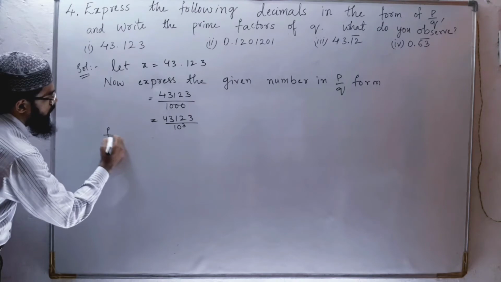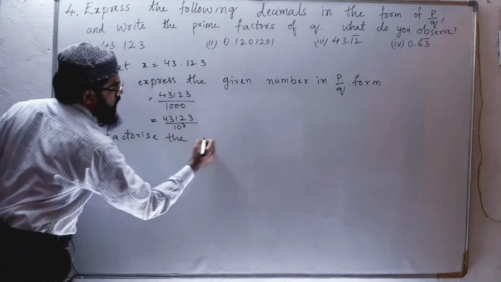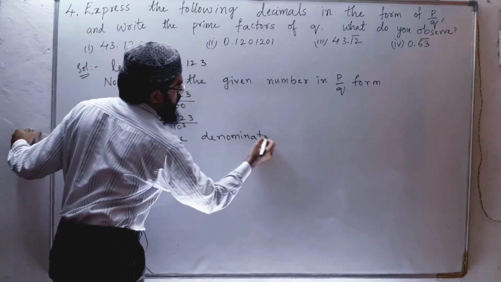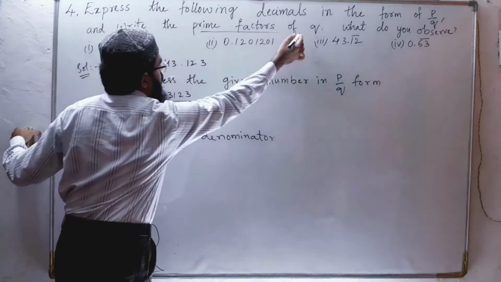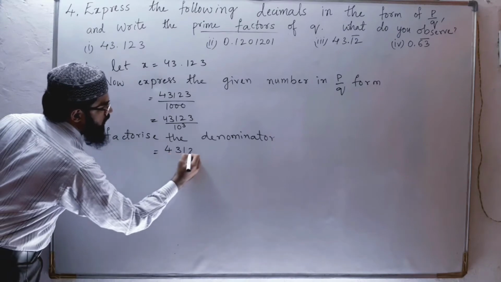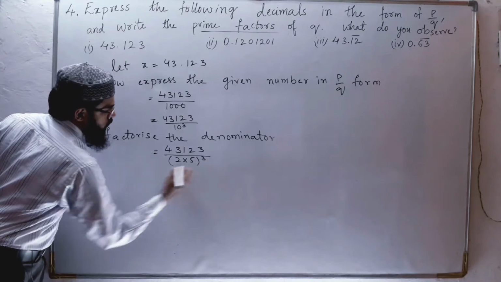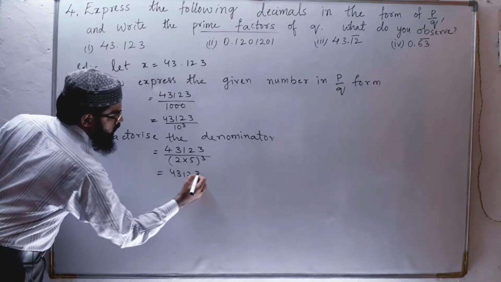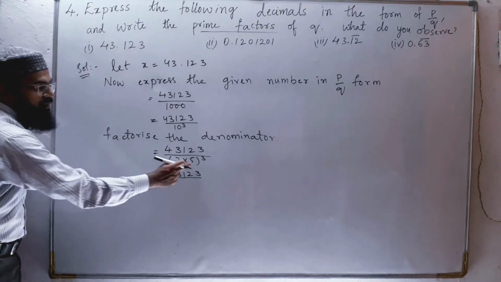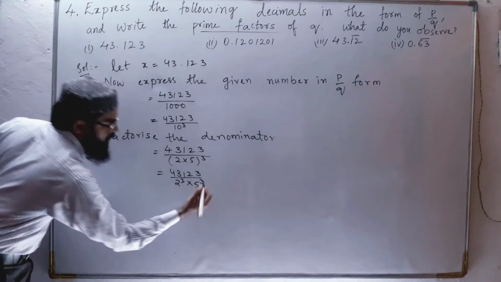Now factorize the denominator. We will factorize the q. q means denominator. So we get 43123 by (2 times 5, since 2 fives are 10) whole cube. So 43123 by 2 cube into 5 cube.